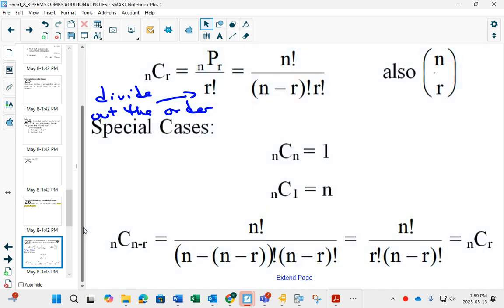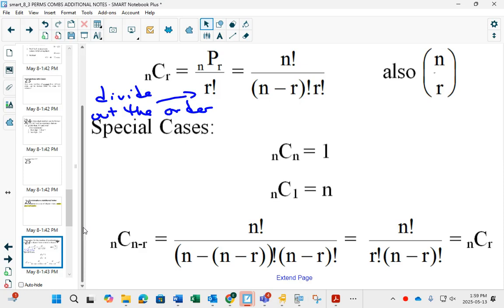And we also saw this. This is kind of a long-winded way of saying the same thing. But n choose n minus r and n choose r are the same thing. Meaning that if I choose 15 cards, oh my goodness, it's like choosing 37 cards. Right?